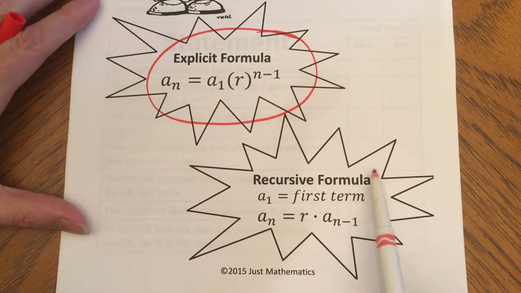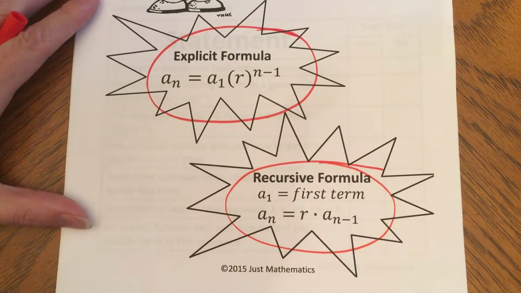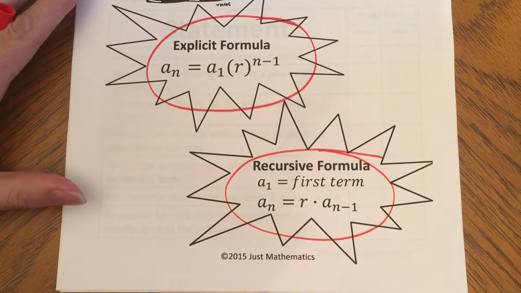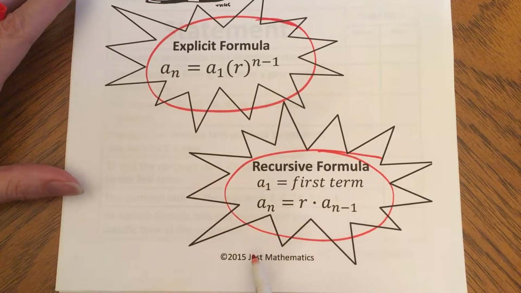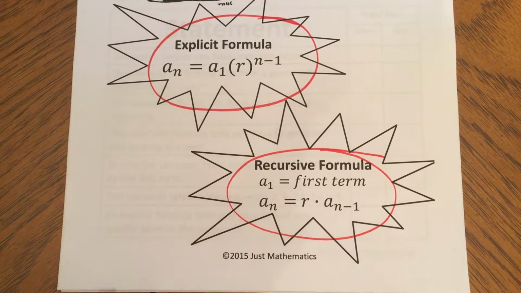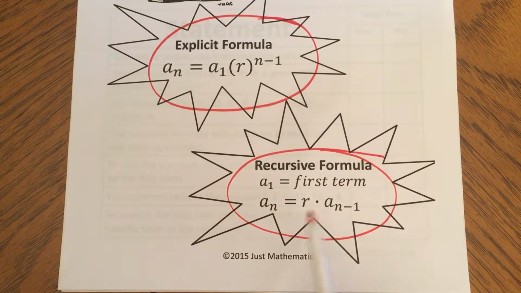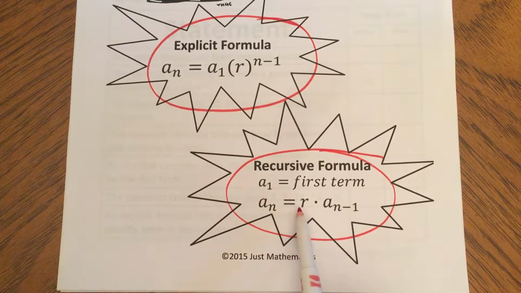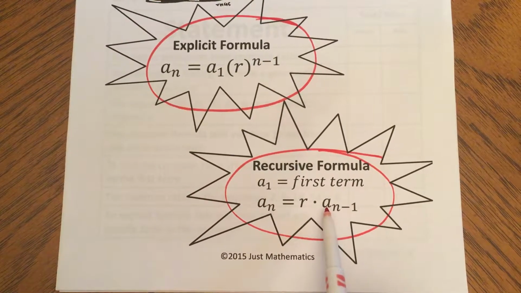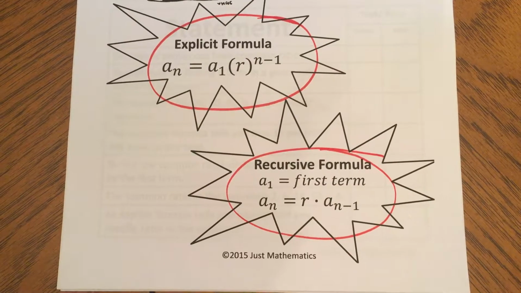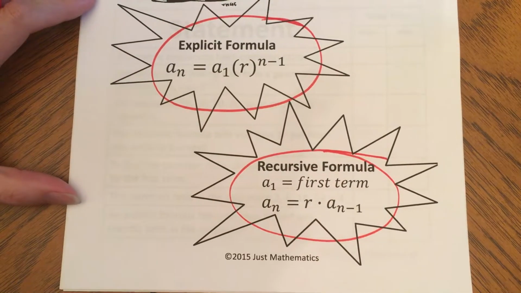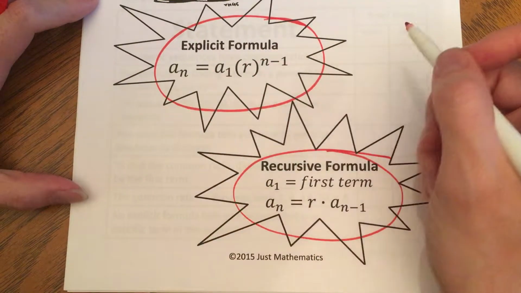The recursive formula is also very important for today, where a sub 1 is your first term, and we have a sub n is equal to r times a sub n minus 1. So n is the step that you are on.